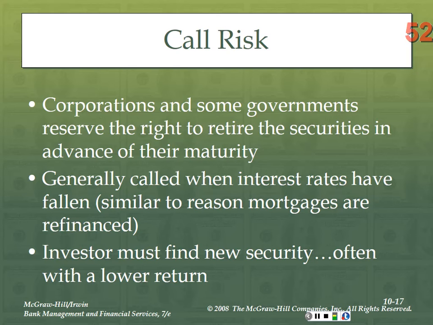So let's say, for example, that interest rates fall. And again, I'm going to make this nice and simple. Let's say interest rates go from 10% and they drop to, for similar risk bonds, 5%. Well, just like we talked about with mortgages, when interest rates go down, people tend to refinance their mortgage. They want to refinance it at a lower interest rate because it saves them money.